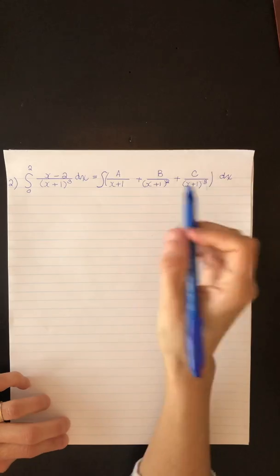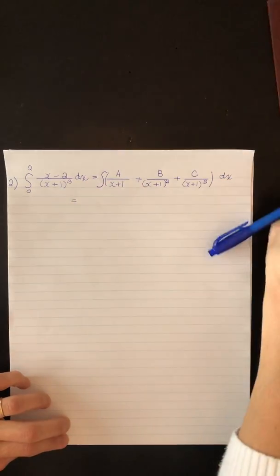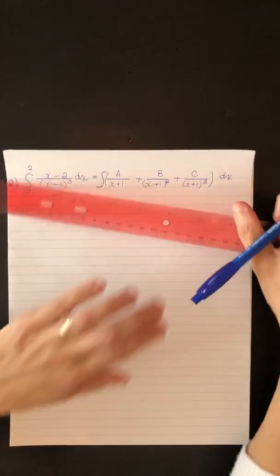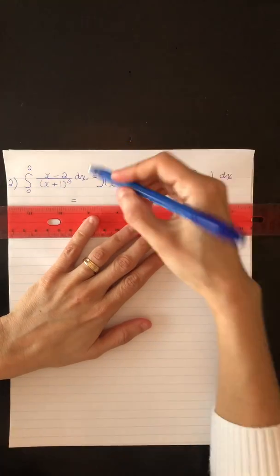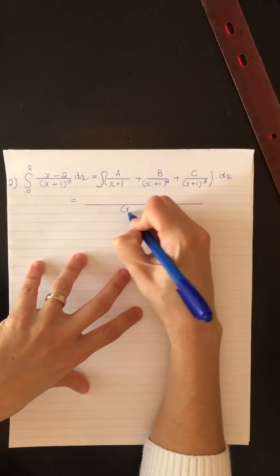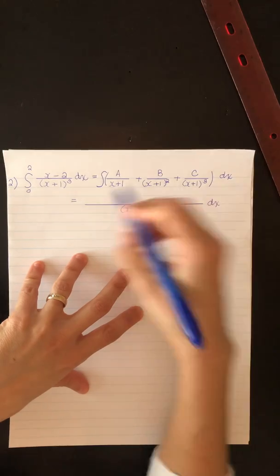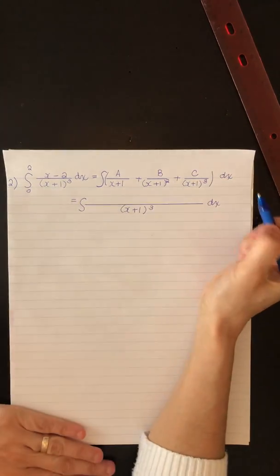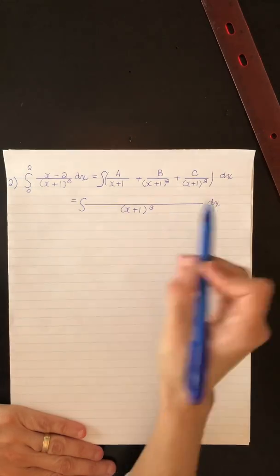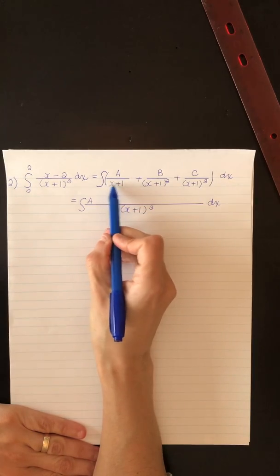The numerators will be A, B, and C respectively. So now we picture moving to a common denominator. And that denominator, of course, will be x plus 1 all cubed. Let's make our long equation. A currently has x plus 1 under it.